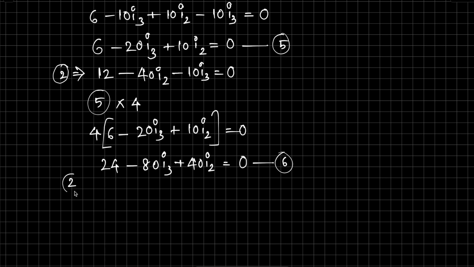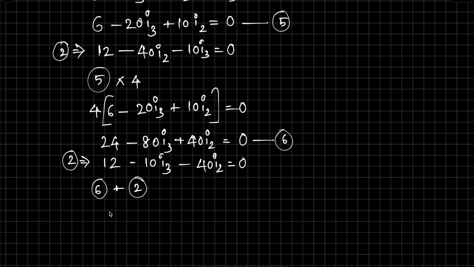And we have equation number 2 as well, which is 12 minus 10 I3 minus 40 I2 equals 0. Just rearranged it. I'm going to add equation number 6 and equation number 2. 24 plus 12, 36. Minus 80 minus 10, minus 90 I3.